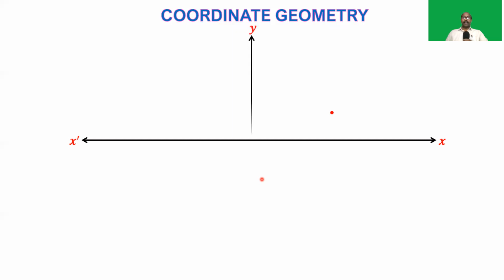So we divide the plane into 4 parts using 2 lines, and the horizontal line is called the x-axis and the vertical line is called the y-axis. And the common point of these 2 axes is called the origin and is denoted by O. Here we are looking at the origin, which is the intersection point of the x and y axes.